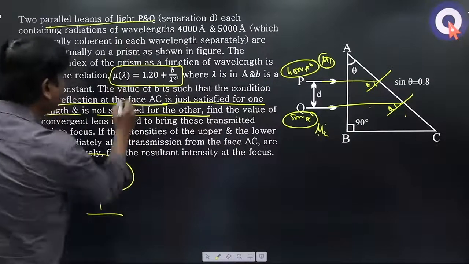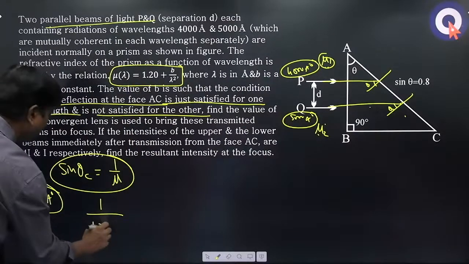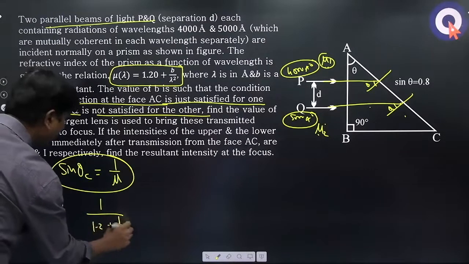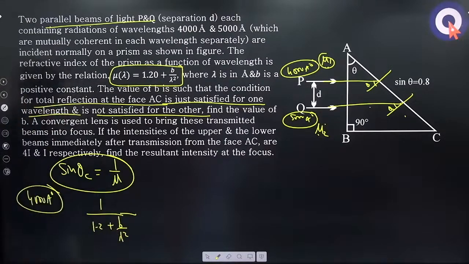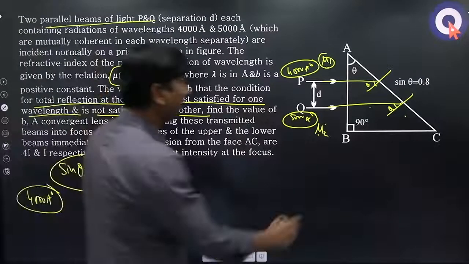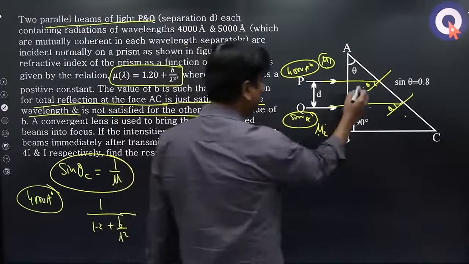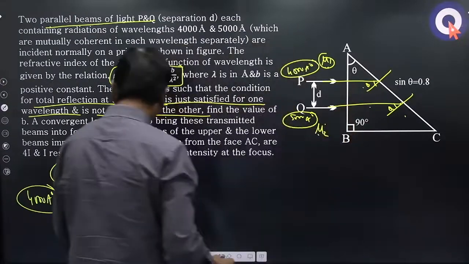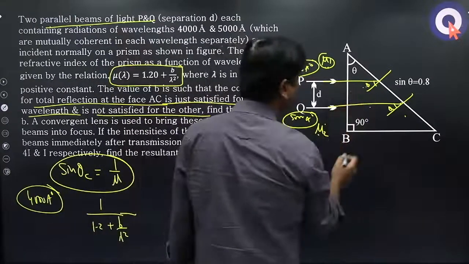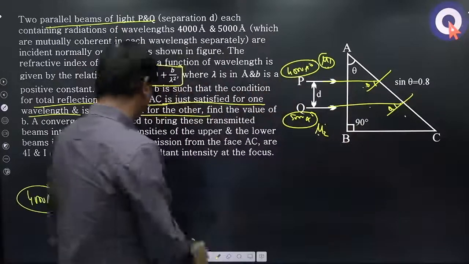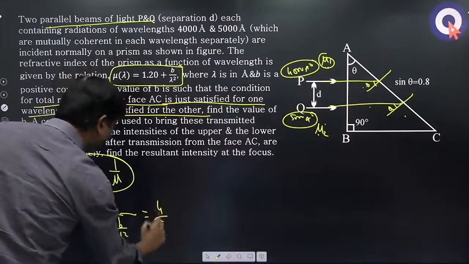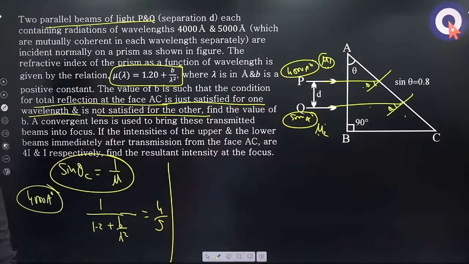So nu is this one, 1.2 plus b by lambda square. This is the sine of the critical angle. And that is exactly equal, this is the critical angle only according to this, just internally reflected. So sine of the critical angle is 1 by nu, and here already this is the critical angle. So sine theta is already 0.8, means 4 by 5. That's all. So you can solve this.